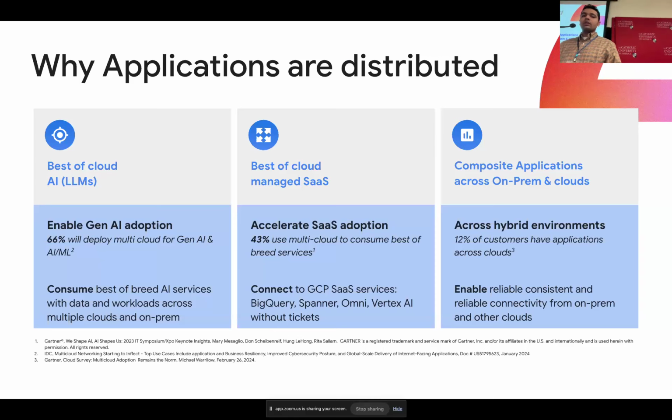Now, running these services in every single cloud tends to become super expensive, and it slows down the pace of application deployment. So enterprises have started to rely more on best-of-breed SaaS services that are offered by each and every cloud provider, or there is this whole concept of pure play vendors to build these composite applications and accelerate your application development.